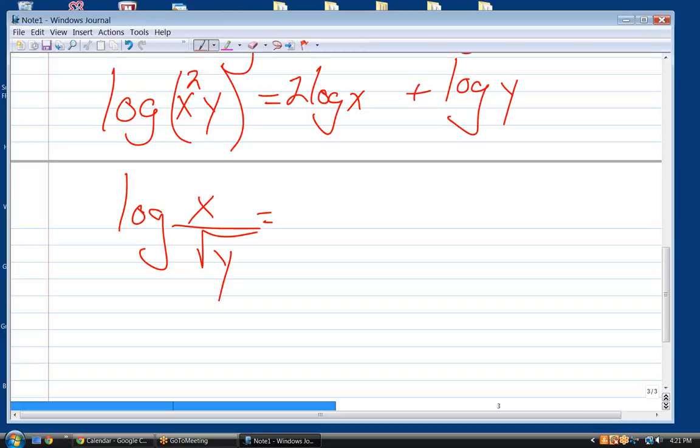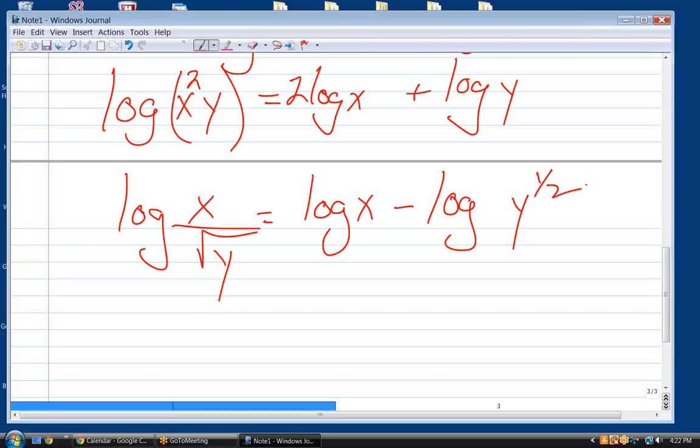All right. So we got division going on here. So what's the first step to separate it, to expand it? Subtraction, right? Yeah. Like that. And now, instead of the radical sign, let's use exponential notation.